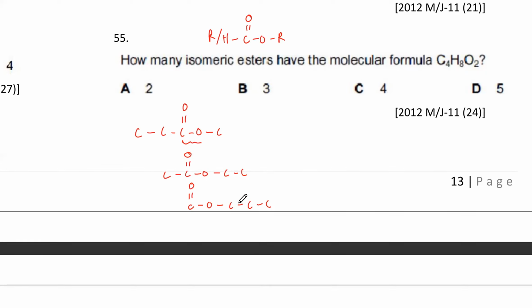Sir, how did you make the second one? Isn't the second one the same as the first one? No, your second position. See, it's 2 carbon atoms, but the 2 carbon atoms are attached to the double bond O. This one has 2 carbon atoms, but those 2 carbon atoms are attached to the other side. Oh, okay. So structurally they are different. And this one on the other hand has 3 carbon atoms.